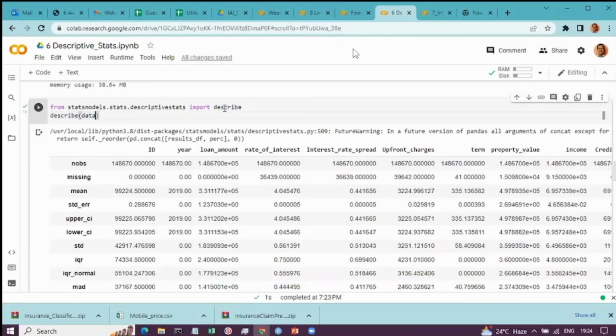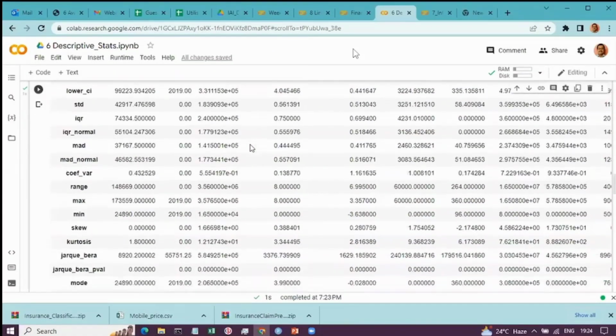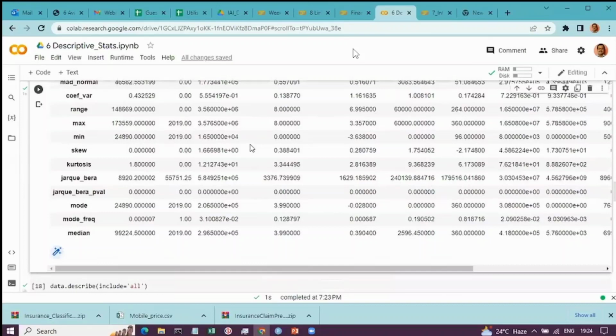This particular function will give you all kinds of insights into the data. In statsmodels, there is a module called descriptivestats, and we are trying to import a function called describe from it. This describe actually does so many calculations.